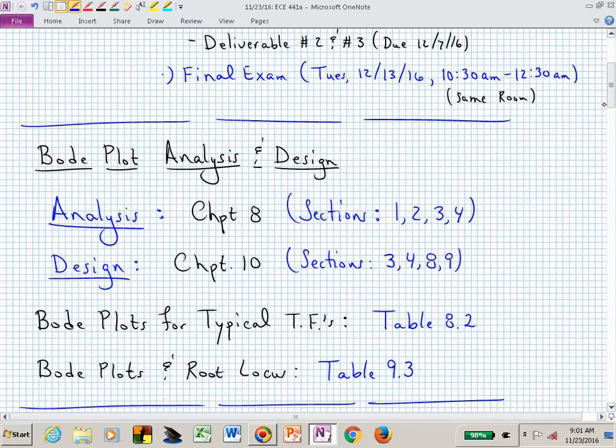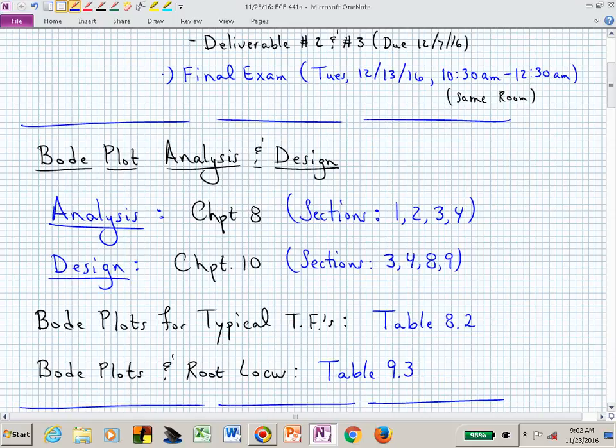Here's just some material for reference purposes in terms of where you can find Bode plot material. Chapter 8 tells you how to sketch and analyze Bode plots, and the design piece, which we will talk about, designing phase lag and phase lead filters with the Bode plots, is in Chapter 10.